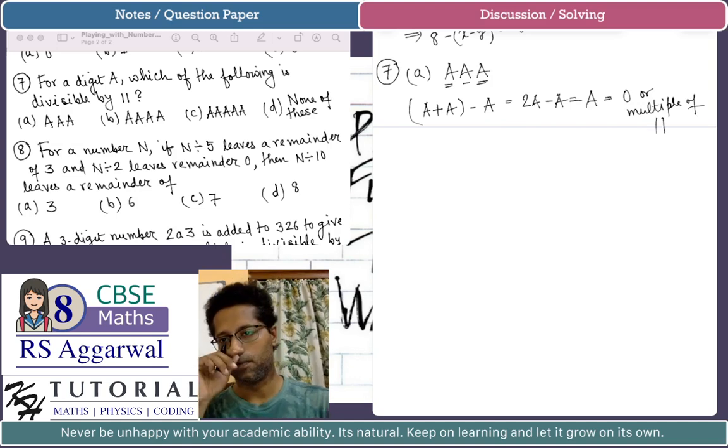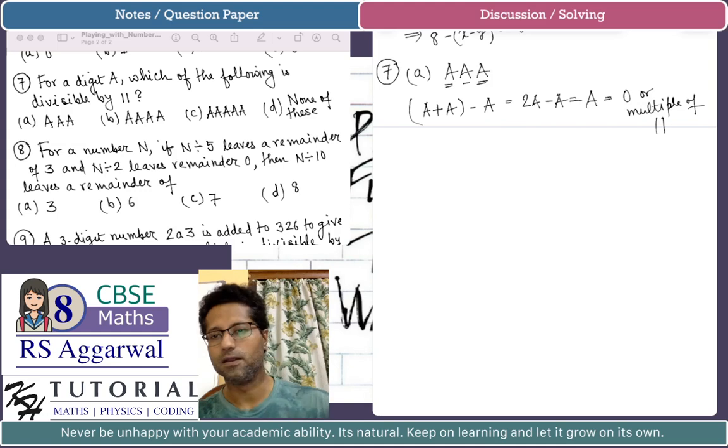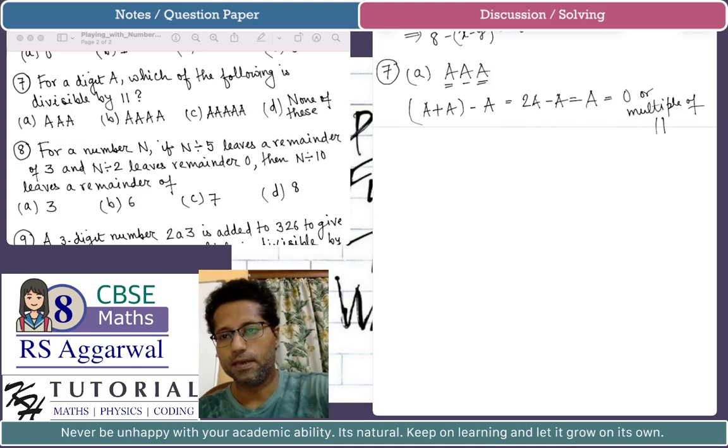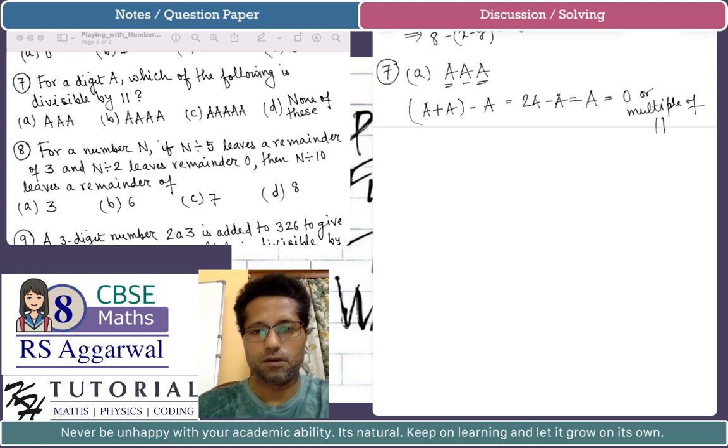Now A cannot be a multiple of 11 because A is a digit. Its value can be from 0 to 9. So A can be 0. If A is 0, then the number AAA becomes 0, which is obviously divisible by 11. Now let's see what is B.